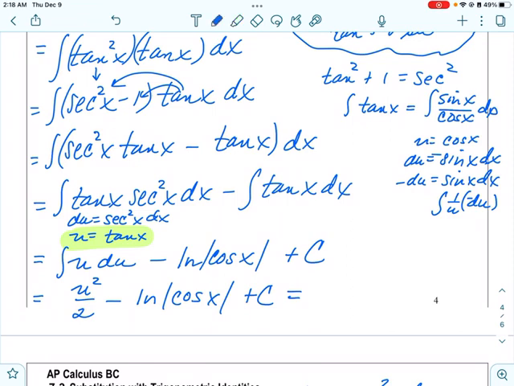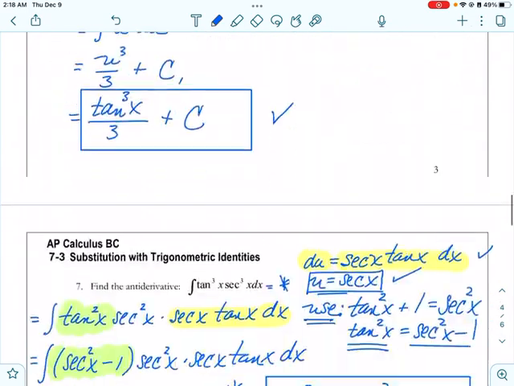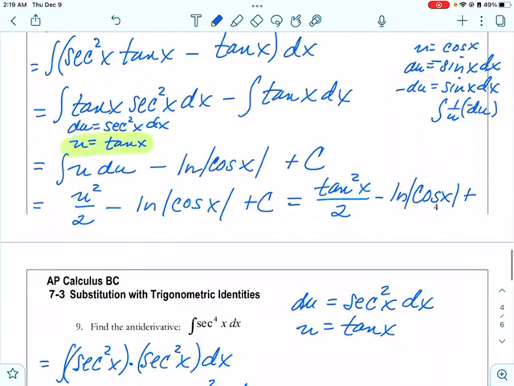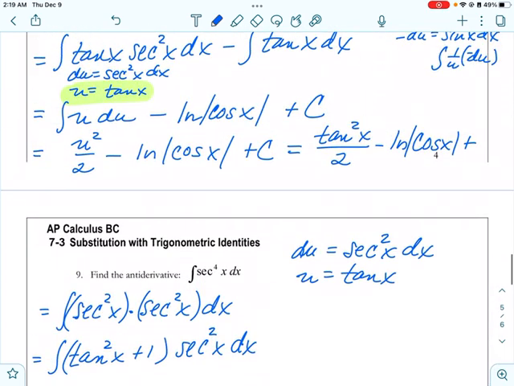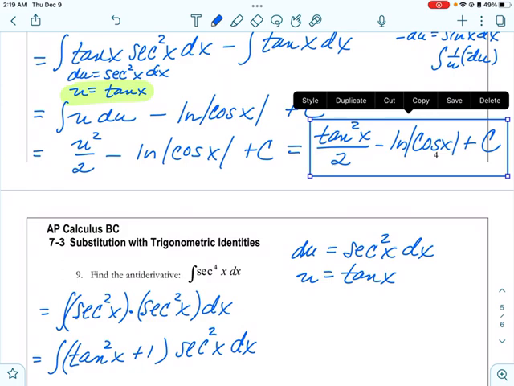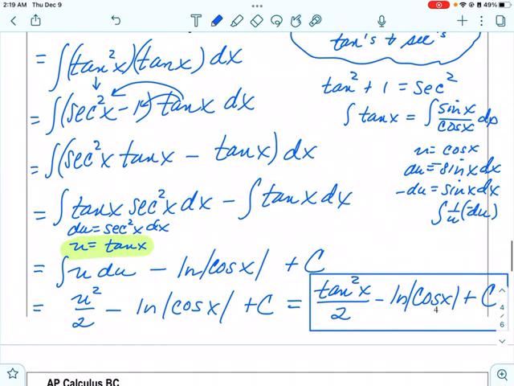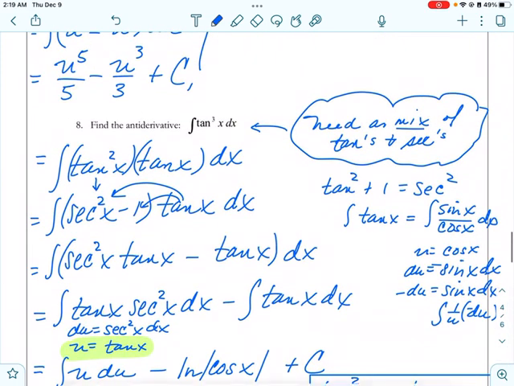So I end up with tangent squared x over 2 minus ln of the absolute value of cosine x plus c. Oops, plus c. And there you have it. There is my antiderivative for the problem that you see up here.